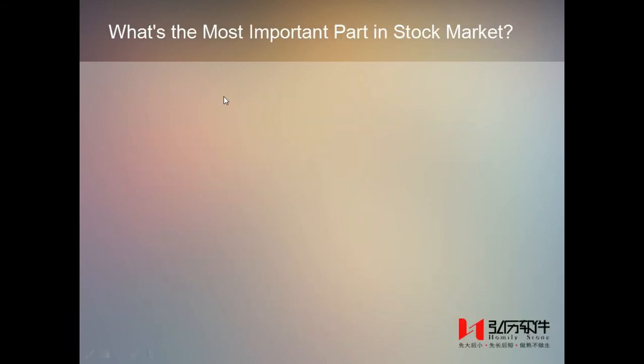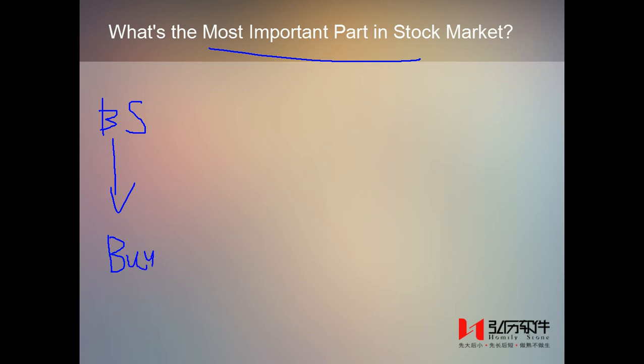So what's the most important part in the stock market? For example, in the stock market, if you want to buy a stock, then you will be a buyer, right?